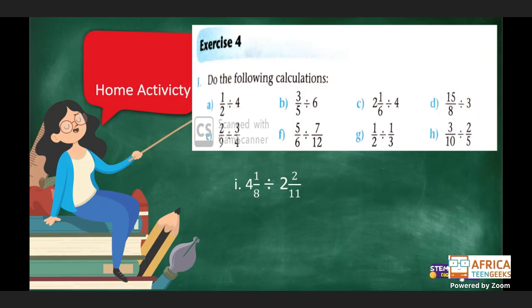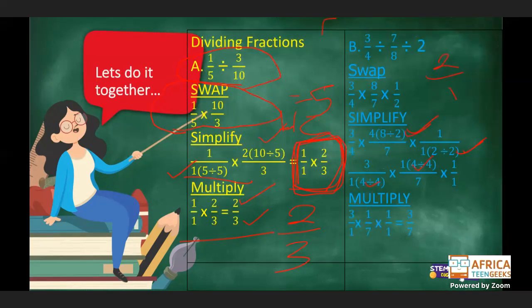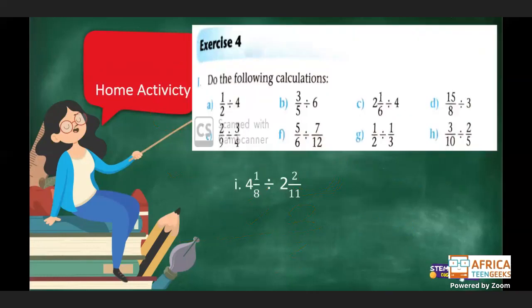So the home activity for today will be exercise 4. You'll do the following calculations. You will do all of them, including this one I typed down here. You can also include this one right here.